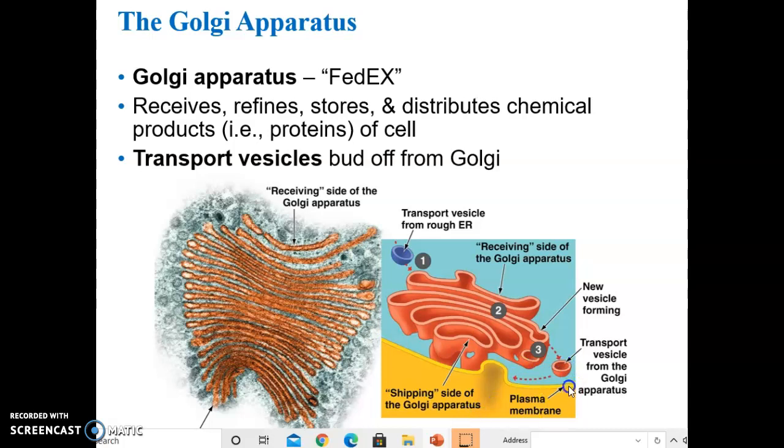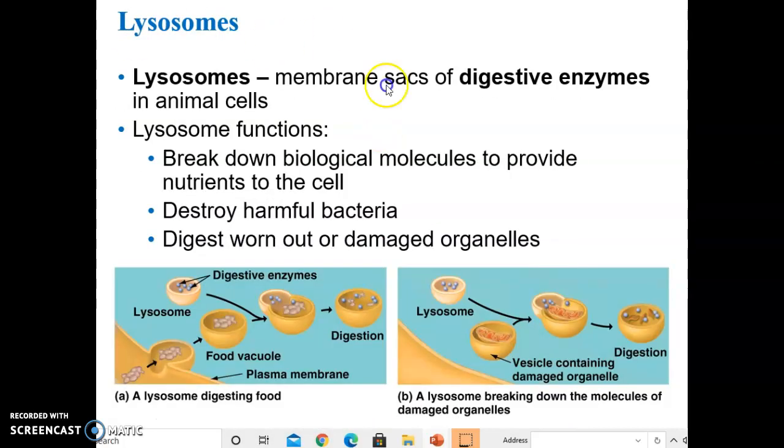Exit out of the cell, or proteins that become part of the plasma membrane, or proteins that might be digestive enzymes and become part of a vesicle, part of a lysosome that stays within the cell, and lysosome destroys things like bacteria. So the lysosomes, they are membranous sacs of digestive enzymes.